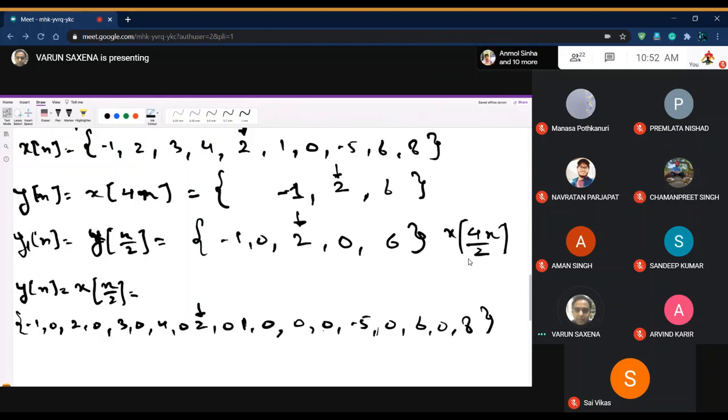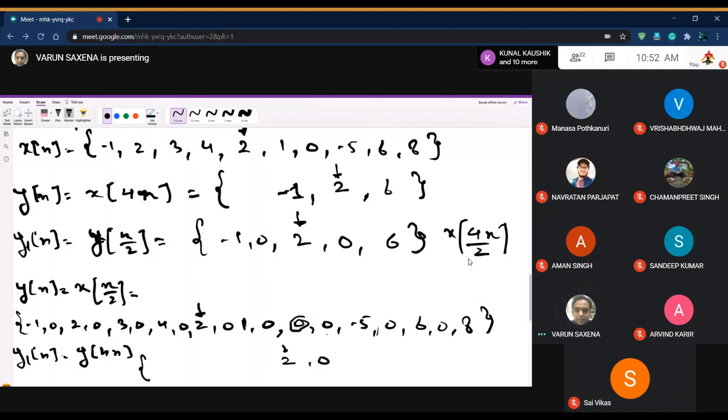Yeah. So now let's perform y1[n] equal to y[4n]. So let's do that. So it will be 0, 2. Yeah, I forgot the comma. Thank you. So we start with 2. Then we pick up 4 samples, 1, 2, 3, 4. So you get a 0, which is this one.